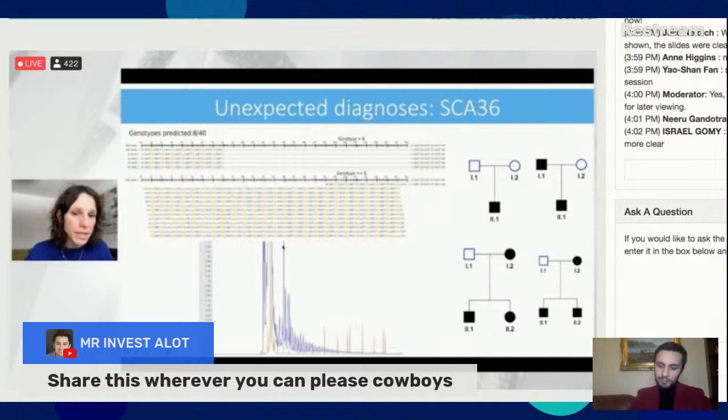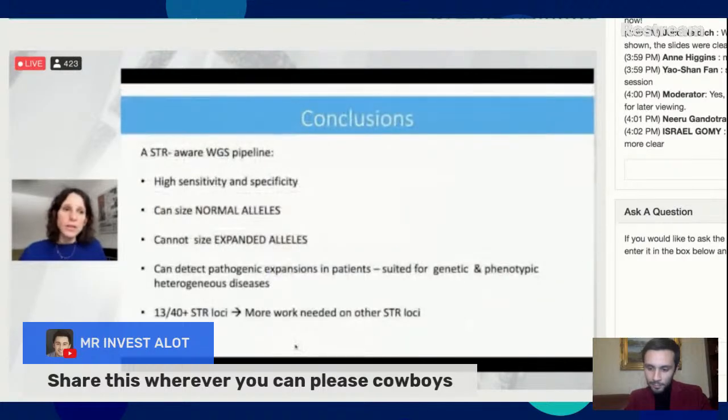And this is the RP-PCR that shows you the typical shape that the RP-PCR has when there is an expansion. What we can't tell here is how large the expansion is, and we are trying to confirm this by Southern blot as well. So to conclude, I've shown you that we've tested a pipeline to call short tandem repeats.